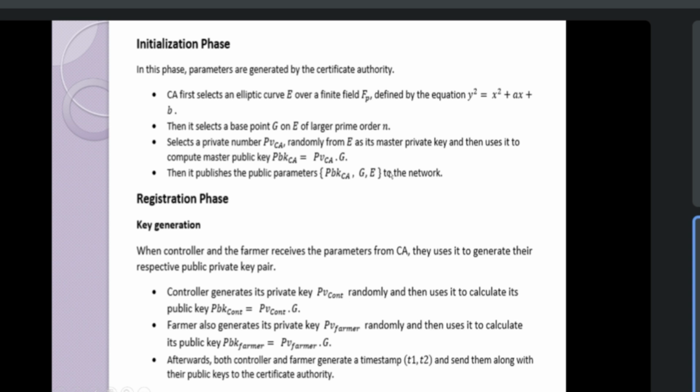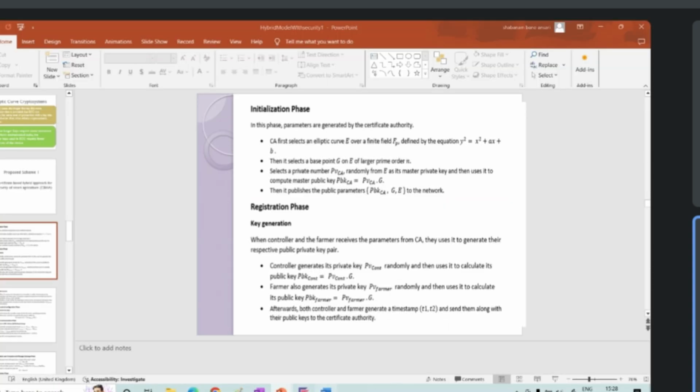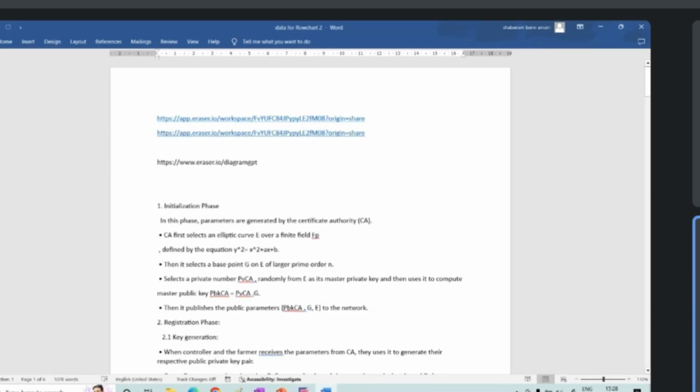Let's see, we'll make a modification in our algorithm. Instead of network, it should be sent to the controller first and then to the farmer, for having the order, controller and farmer.